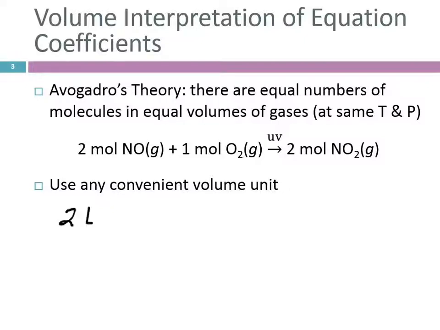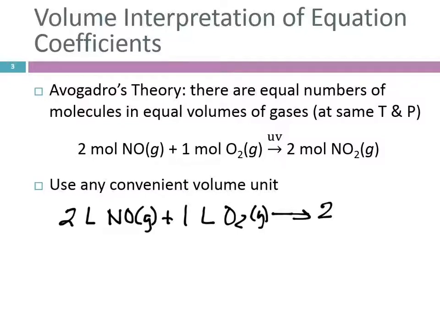We can say 2 liters of nitrogen monoxide gas plus 1 liter of oxygen gas is going to form, that was a bad arrow, 2 liters of NO2 gas. That's provided that everything stays the same in terms of temperature and pressure.